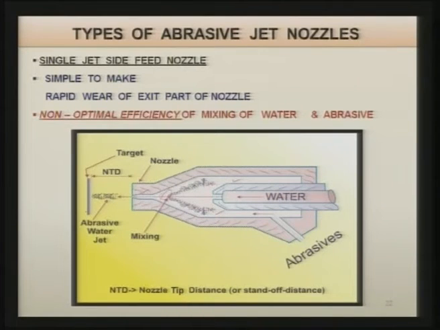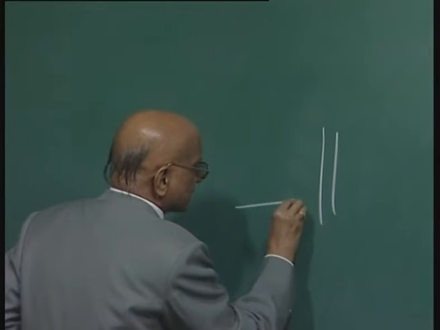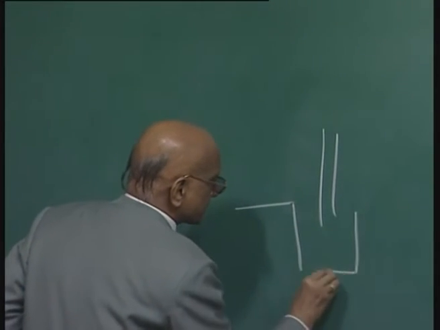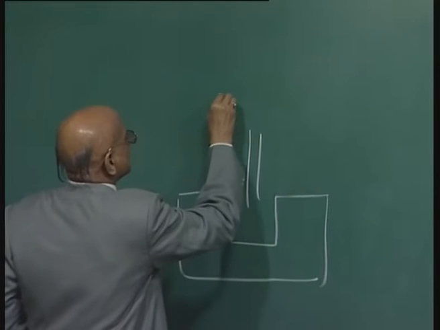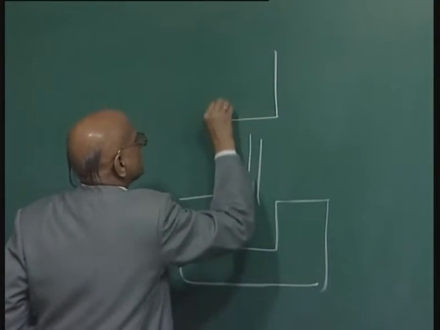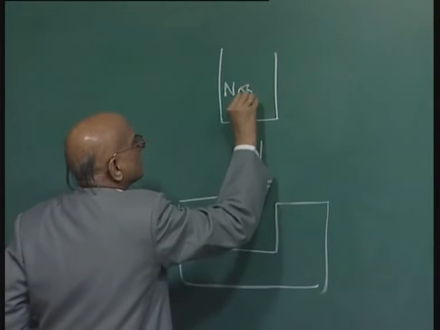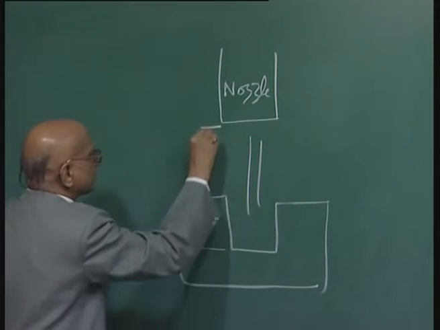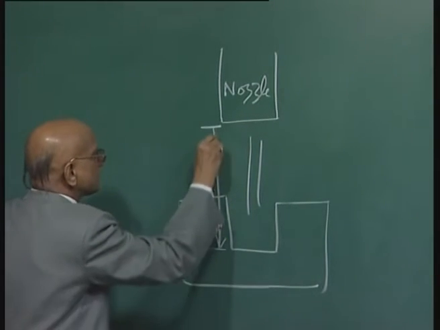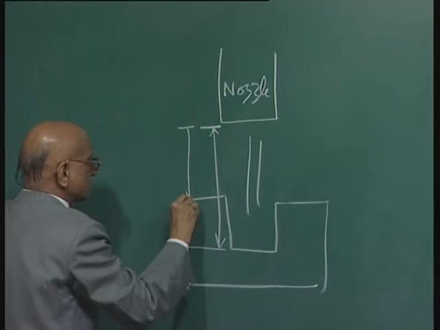Here one point is to be noted, that this stand off distance is not always fixed. When the jet has moved sufficiently below the workpiece surface, and here is the nozzle, then the stand off distance will be this one, not this one.